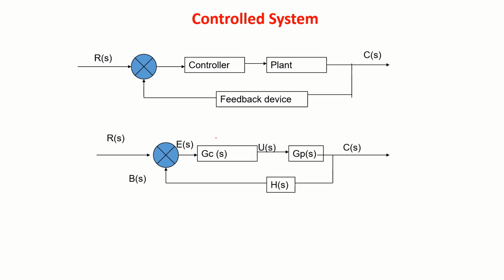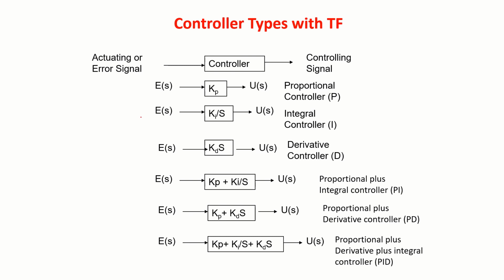As I mentioned, I represent the controller by GC of S, controller transfer function, the plant transfer function, and the feedback transfer function. So here you have the error signal and the controlling signal, that is your U of S, or manipulating signal.